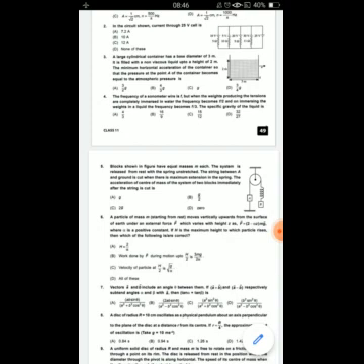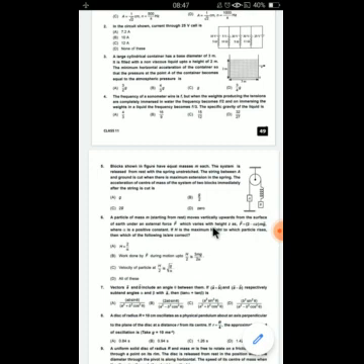So the blocks have equal masses m, the system is released from rest and the spring is unstretched, and the string between A and the ground is cut when there is maximum extension in the spring.